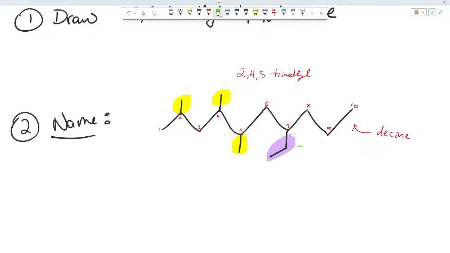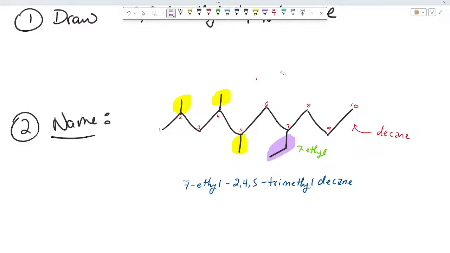Okay. So which one should I put first, the ethyl or the methyl? Okay. So this would be a 7-ethyl 2,4,5 trimethyl decane. Good. Awesome.